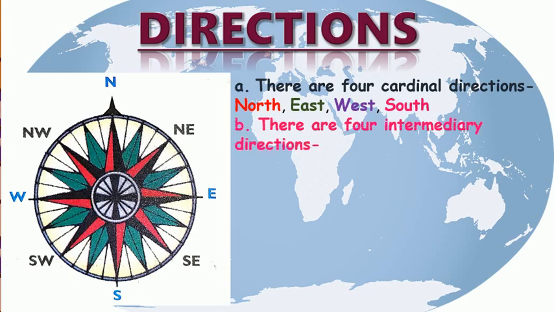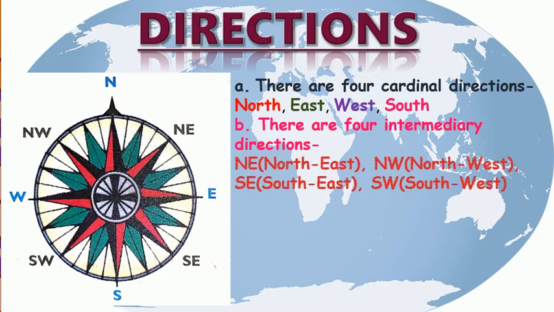Moving on, there are four intermediary directions as well. As you can see here, in the midway of north and east there is a direction. In the midway of north and west there is a direction, isn't it? The direction midway between north and east is called northeast.